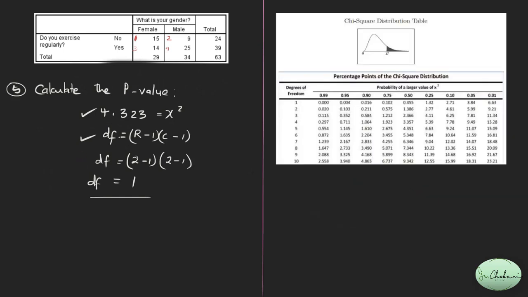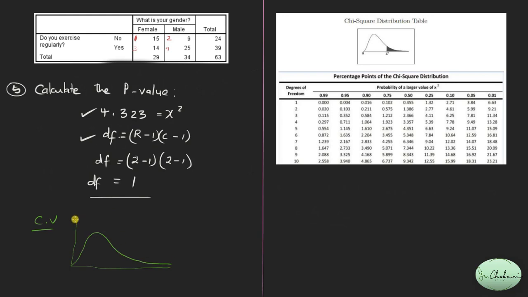As I said, there are 2 ways to do significance testing. Instead of doing the p-value method first, I will quickly cover the critical value method and show you how it works. For the critical value method, we compare our chi-square value with a critical value at the chosen level of significance.